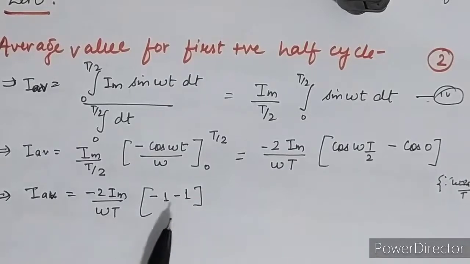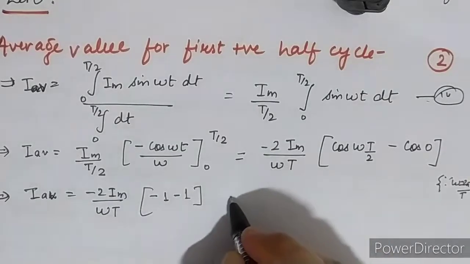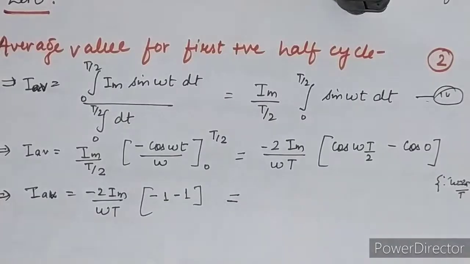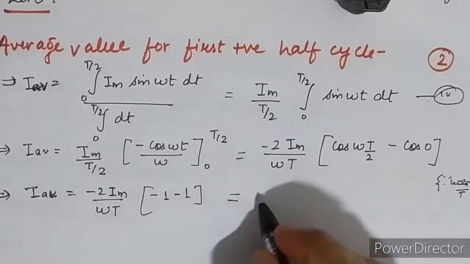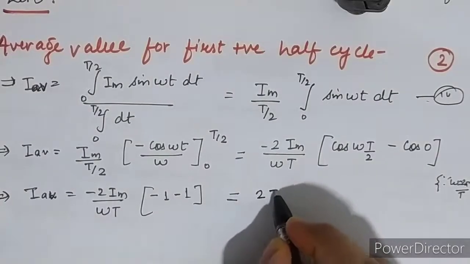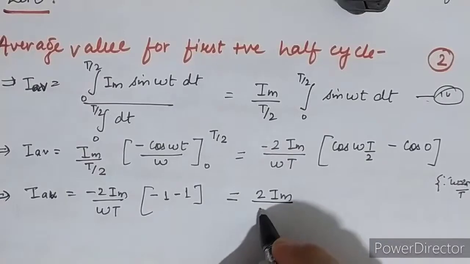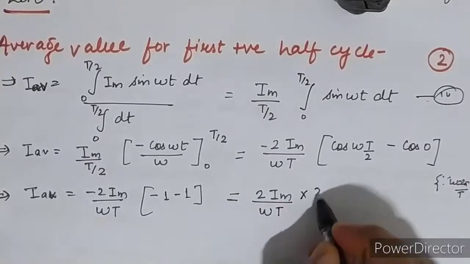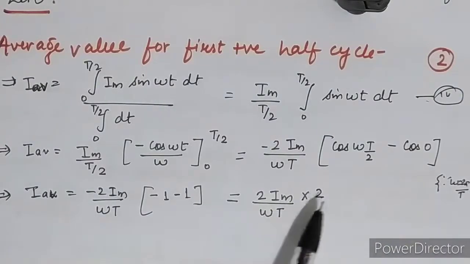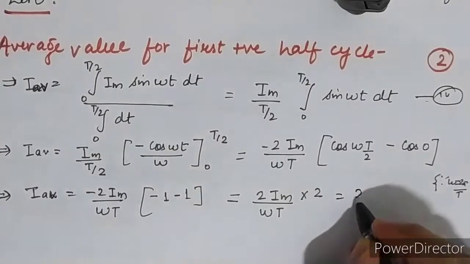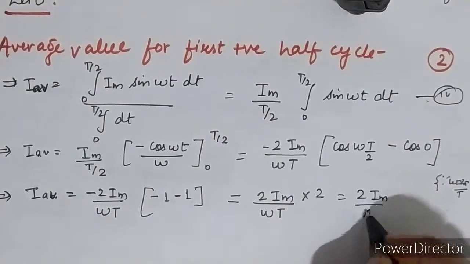So it will be like this: 2Im upon omega T into 2. Omega becomes 2 pi by T. So T and T cancel out, 2 and 2 cancel out, and the remaining term is 2Im upon pi.